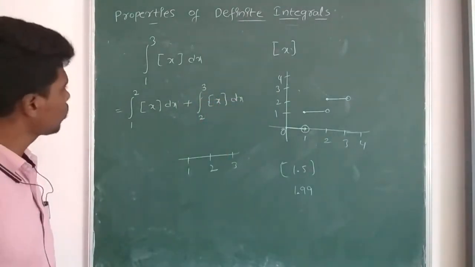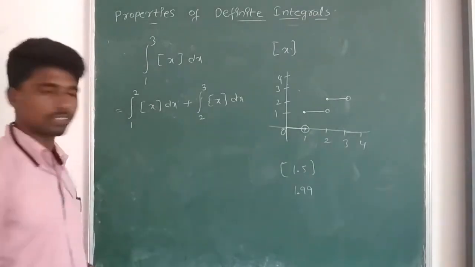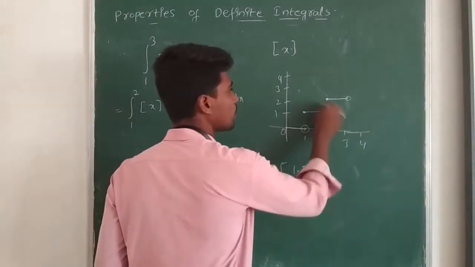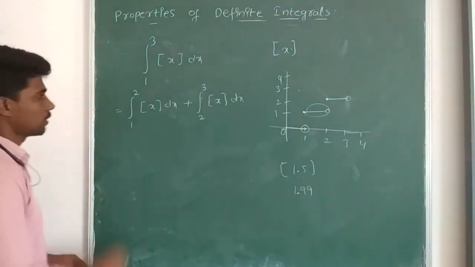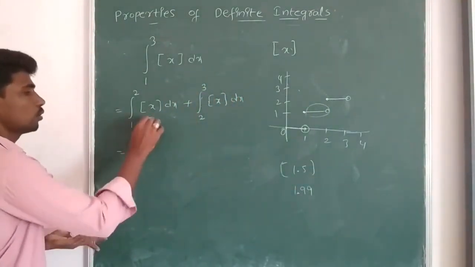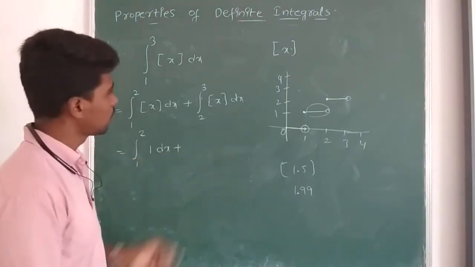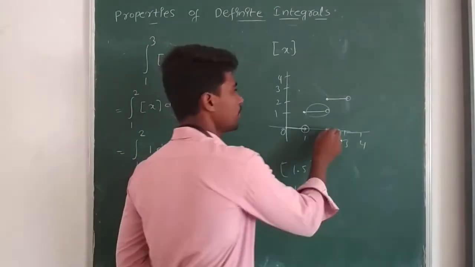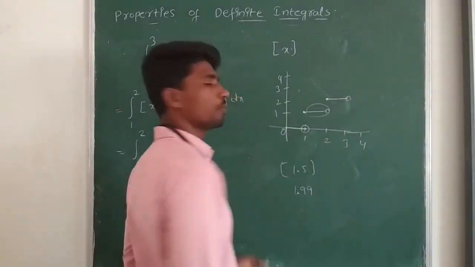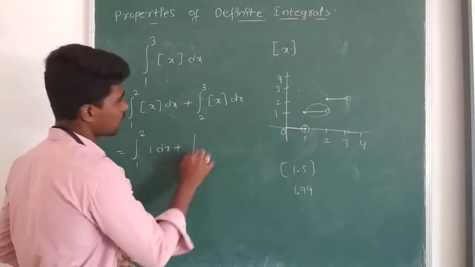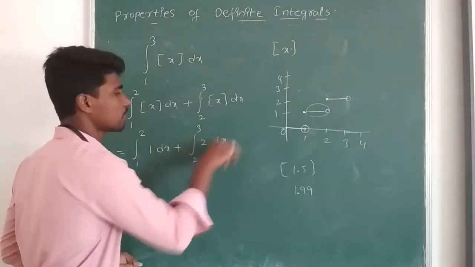Now in the integral 1 to 2, what is the value of step x? From 1 to 2, the value of step x is 1. So the integral from 1 to 2 is 1 dx, plus between 2 and 3 the value of step x is 2, so step x can be replaced by 2 dx.